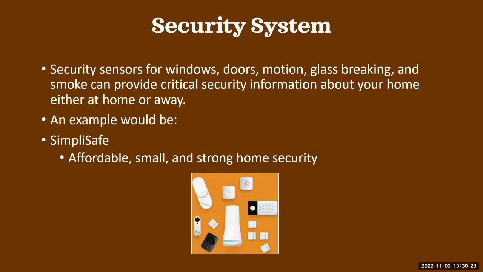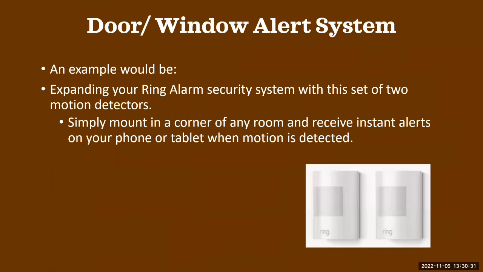It is do-it-yourself, but usually these are bundled together, and you can pick different bundles to fit your needs. For example, expanding your Ring alarm security system with this set of 2 motion detectors, you would simply mount it in a corner of any room and receive instant alerts on your phone or tablet when motion is detected.